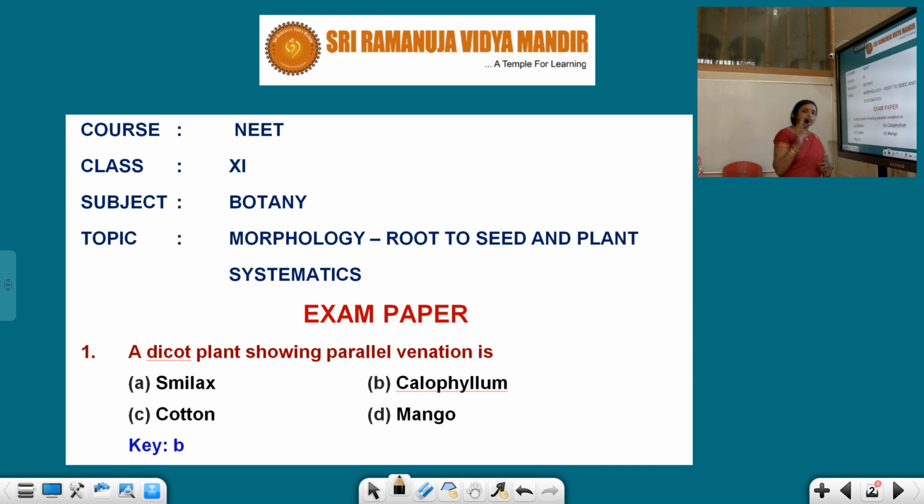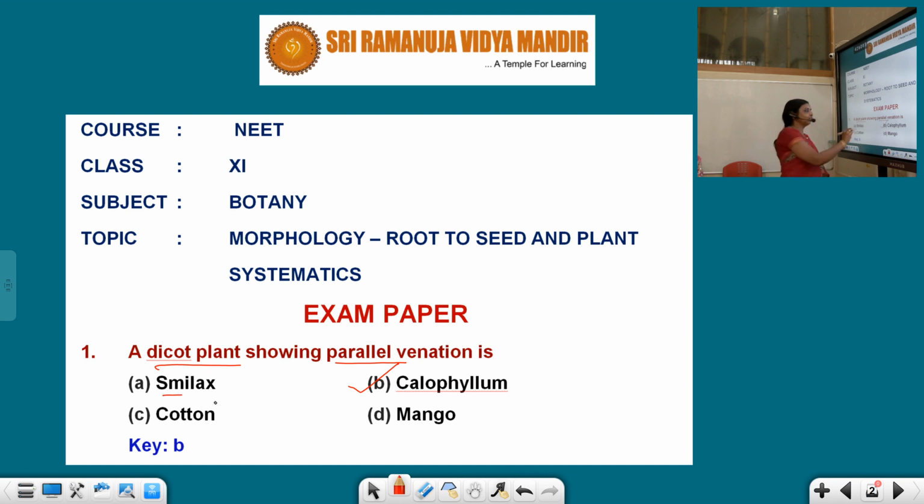But this is a twisted question. A dicot plant which is showing parallel venation. What should be there in dicot? Reticulate, but here it is parallel. So which plant is dicot? Calophyllum is a dicot plant, and it has parallel type of venation. Whereas Smilax, if you see option A, belongs to family Liliaceae, which is a characteristic family of monocot.